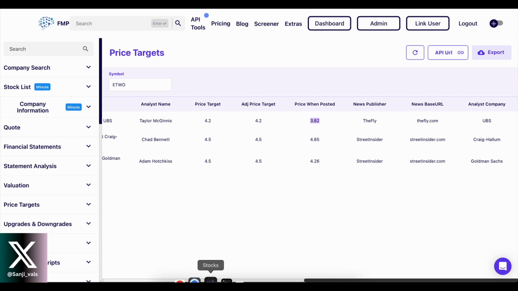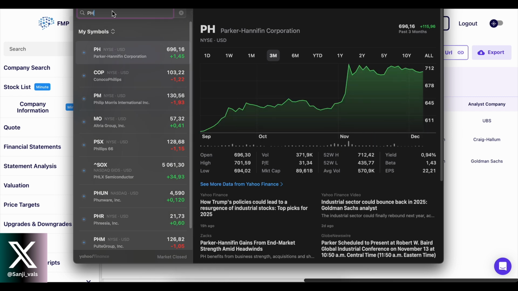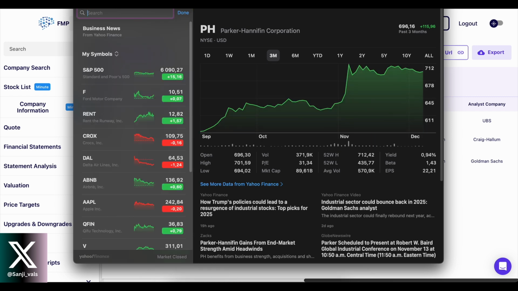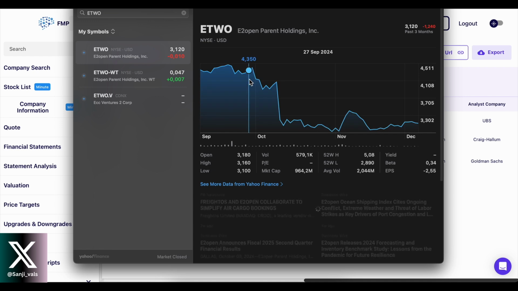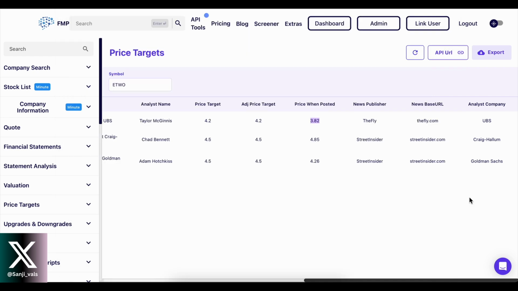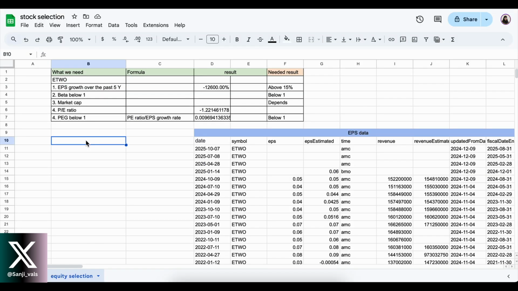So let's see the current price of the share. 3.12. So it's 4.2, and 3.12 is the current market price.